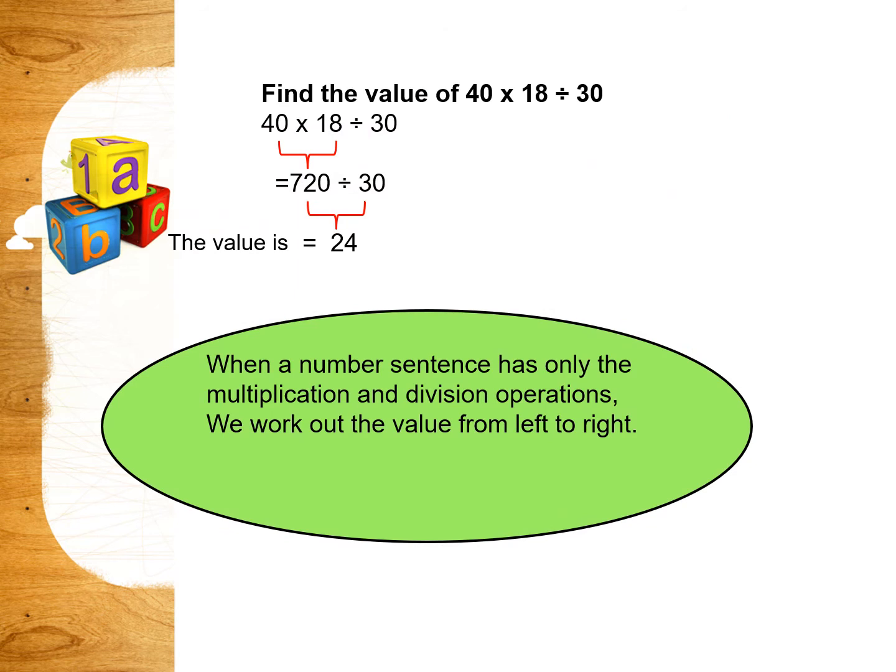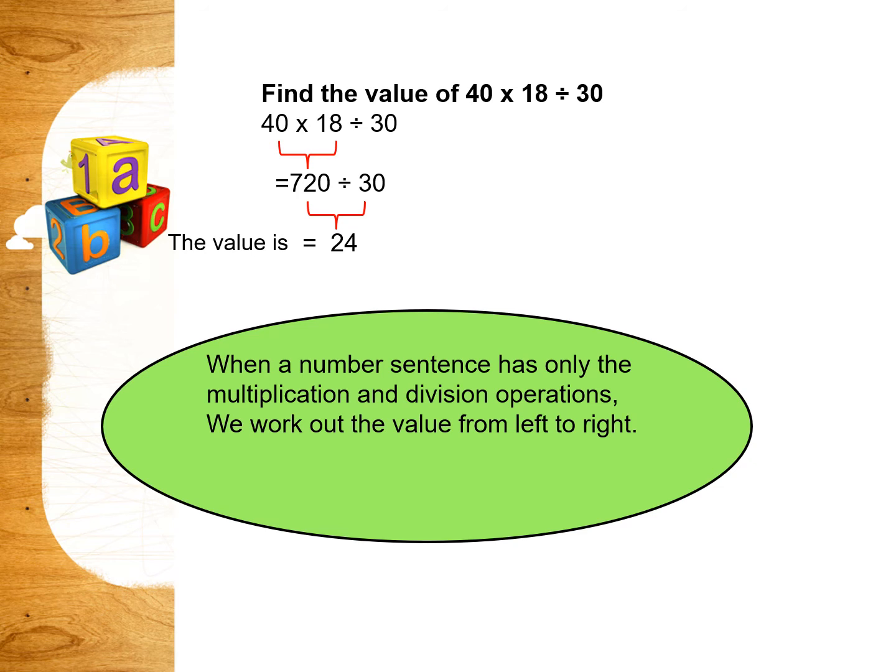Okay children, let's see the next example. Find the value of 40 times 80 divided by 30. Children, when a number sentence has only multiplication and division operations, we work out the value from left to right.